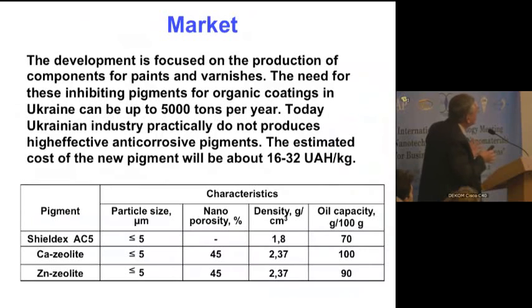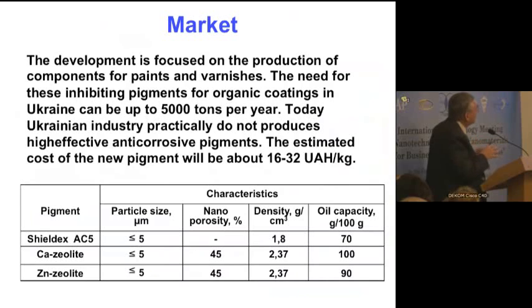In Ukraine, it is assessed at about 5,000 tons per year. This is just an assessment. If we take the total amount of paints produced in Ukraine, 1,000 tons, of them 1/3 is anti-corrosion paints, and 20% of the total paint is pigment. So we can come up with some figures, sales estimates.